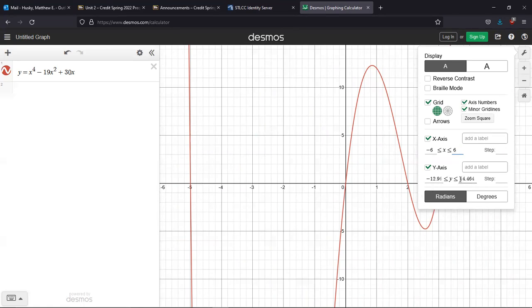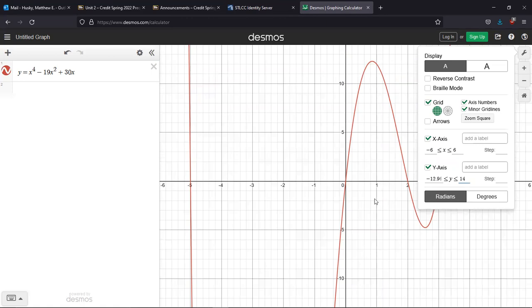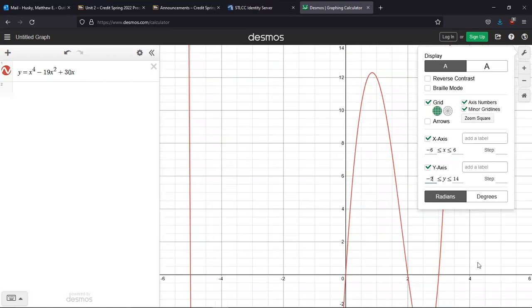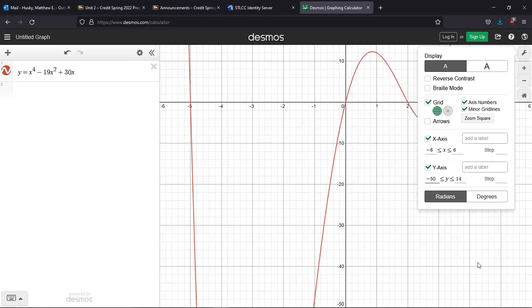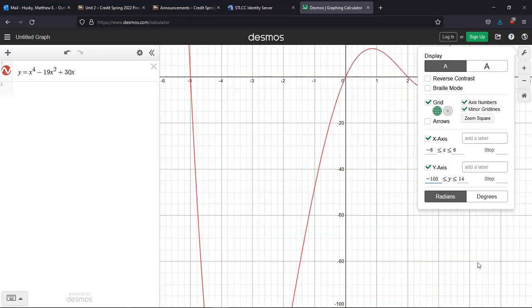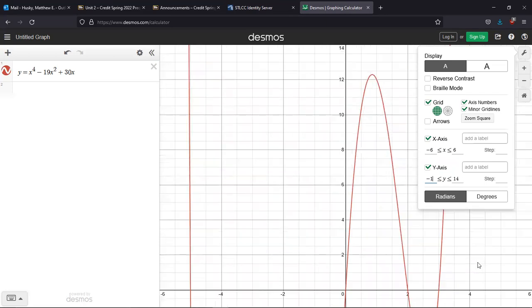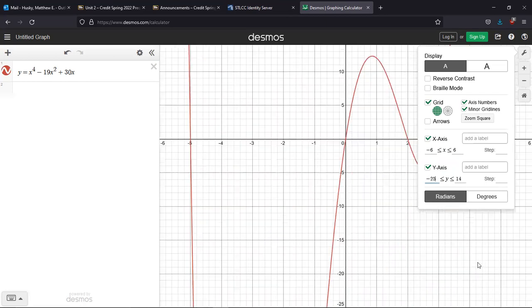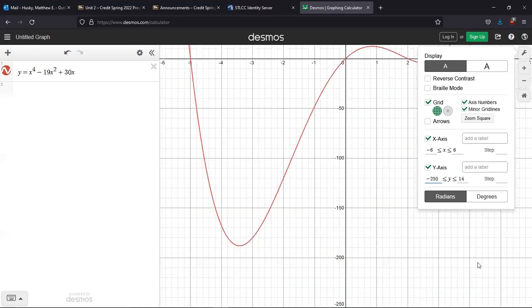So let's do this as a nice round number. Let's just do 14. I don't like weird decimals. Down there somewhere is the bottom of this graph. Let's try -20. That is not low enough. Let's try -50. That's still not low enough. Let's try -100. Oh my gosh, that is way down there. 250. Hey, there we go.